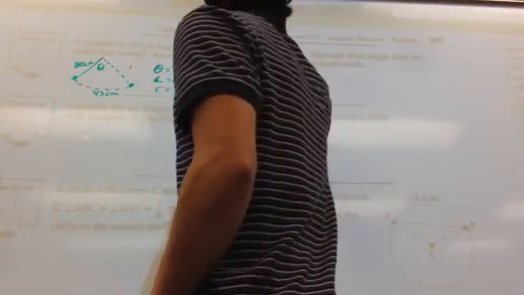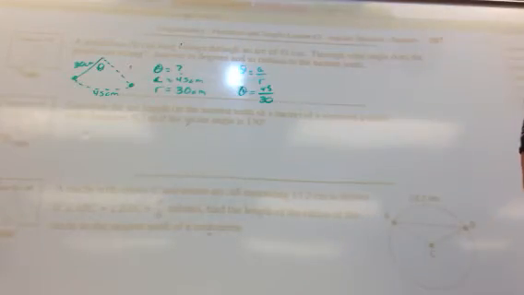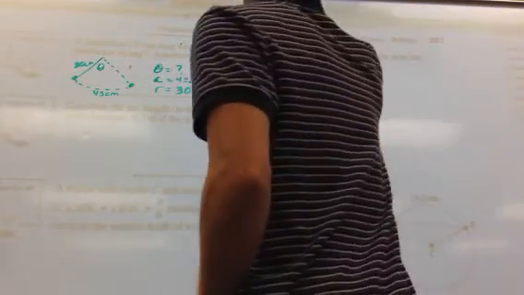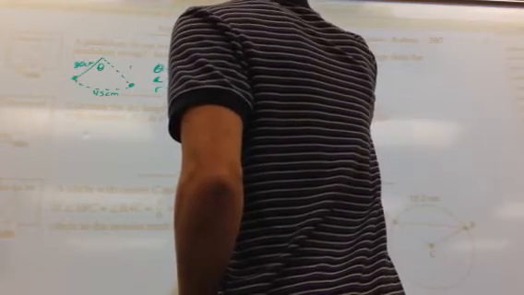All right, good. So if I look at angle theta, my arc length is 45 and my radius is 30. So my angle here is going to be 3 over 2.